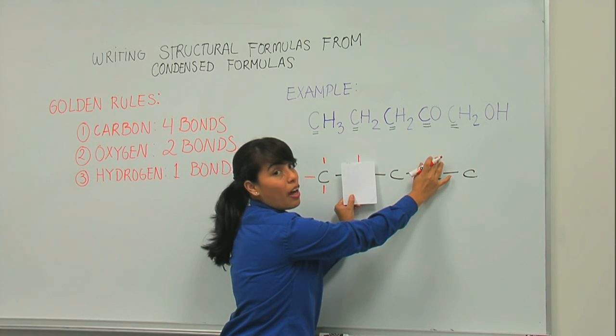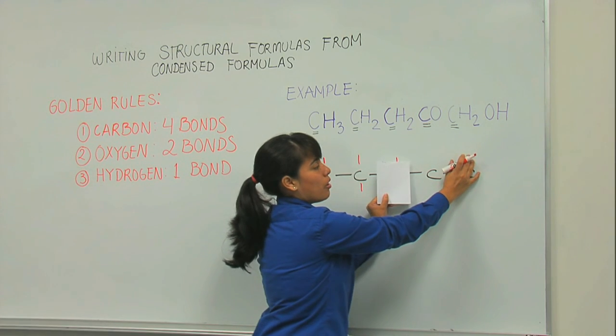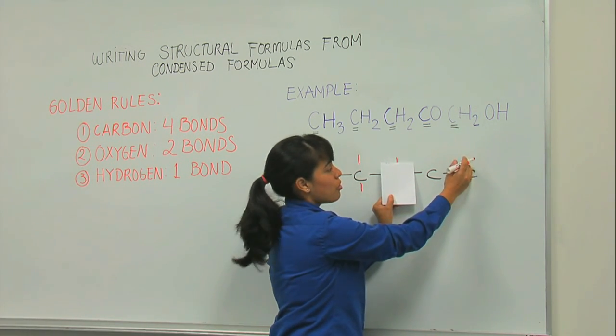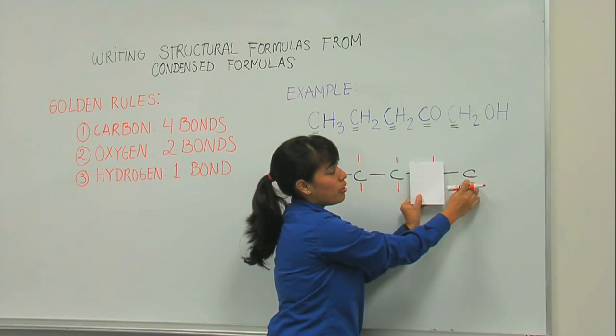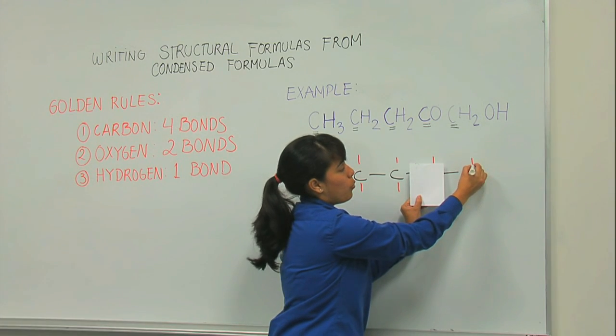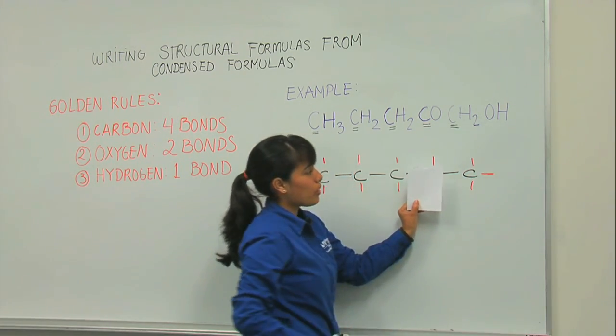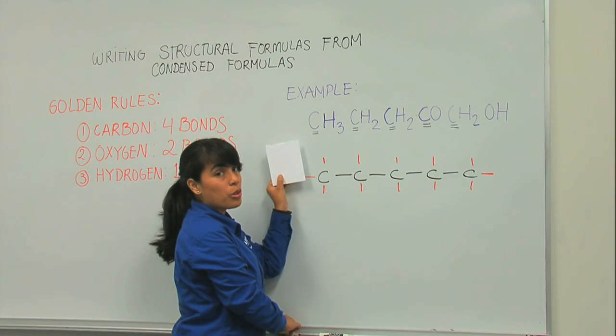This carbon has 2 bonds, I need 2 to complete the 4. This one already has 2, I need 2 more. And this one, this carbon here, already has 1 bond, so I need 3 more. 1, 2, and 3.